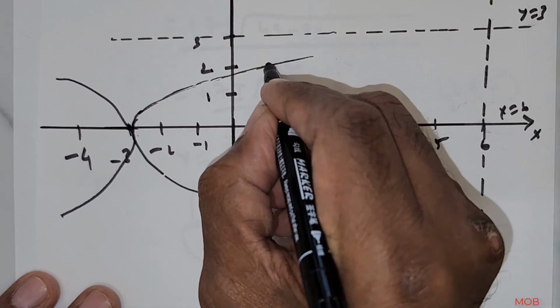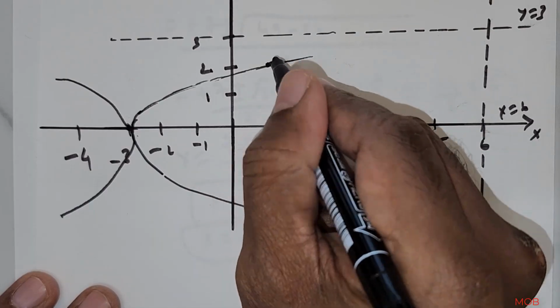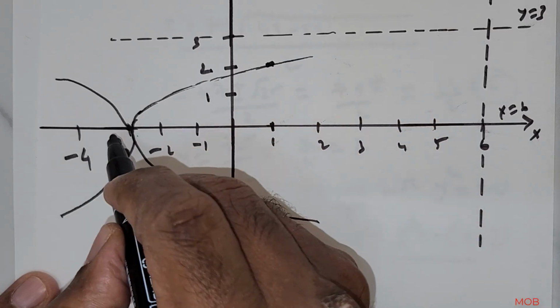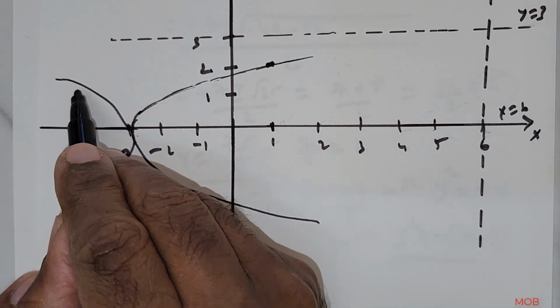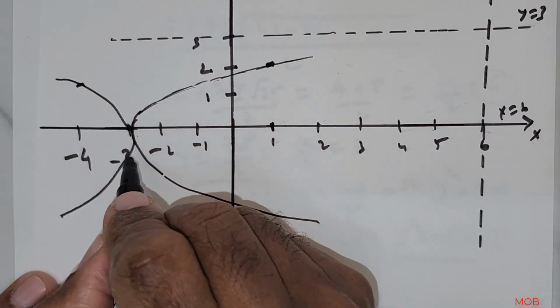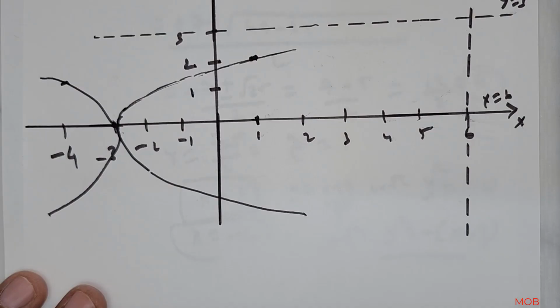So the line is hitting here at one point, and it is hitting here at the other point. Okay, so we will have to connect these 2 points.